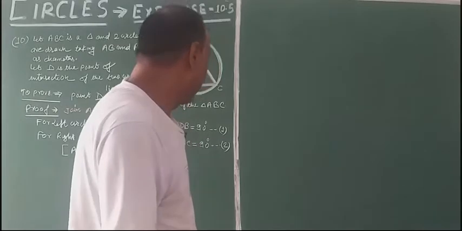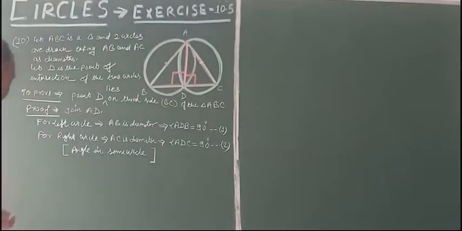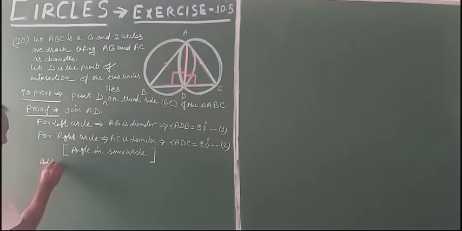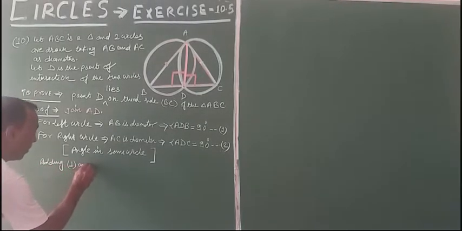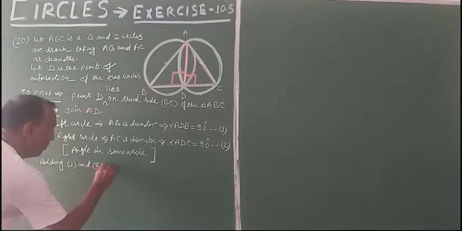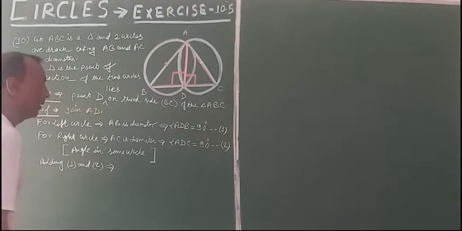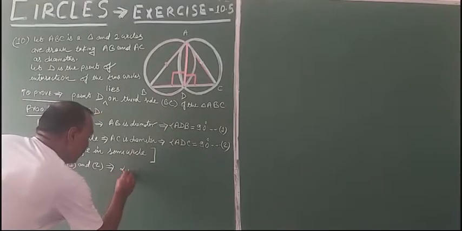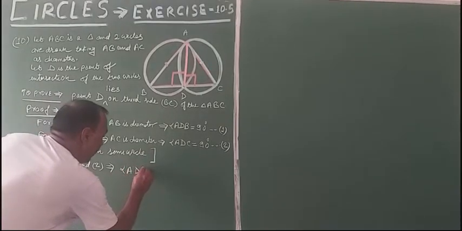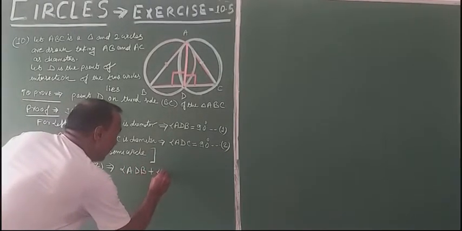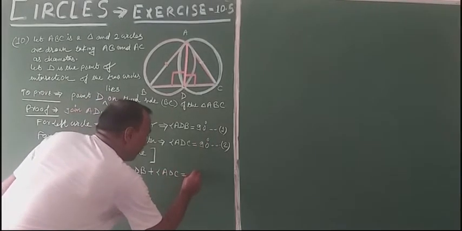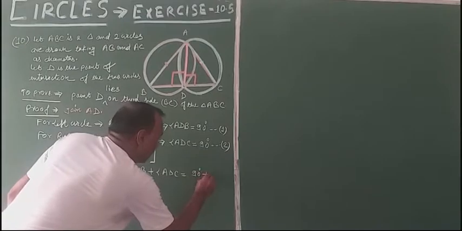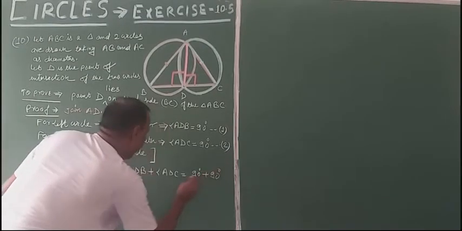Now adding equation 1 and 2. What we will get? Angle ADB plus angle ADC will be 90 plus 90.